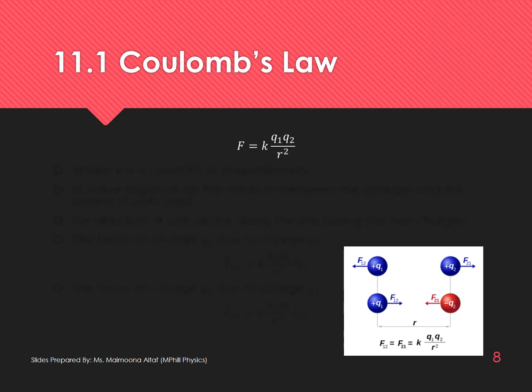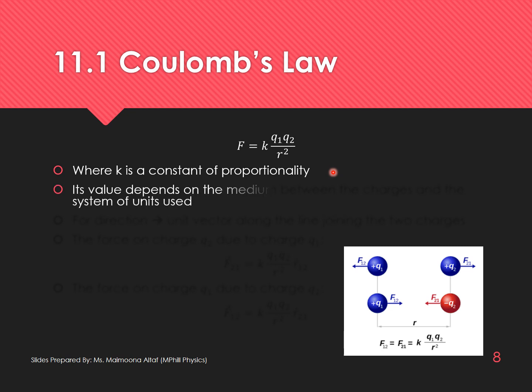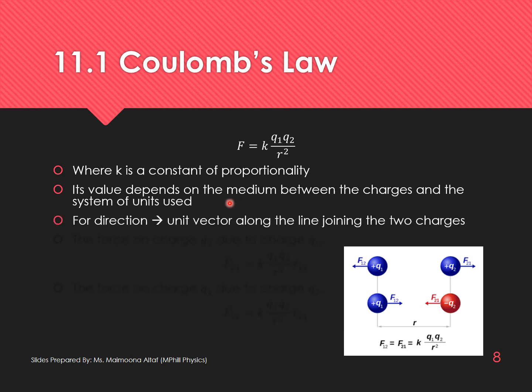We get a constant, and in this case K is the constant of proportionality, and its value depends on the medium between the charges and the system of units used. For the direction, a unit vector along the line joining the two charges is used.